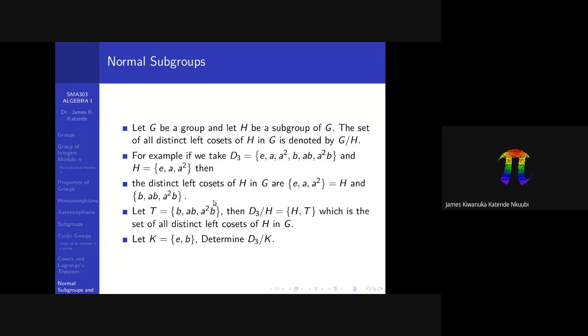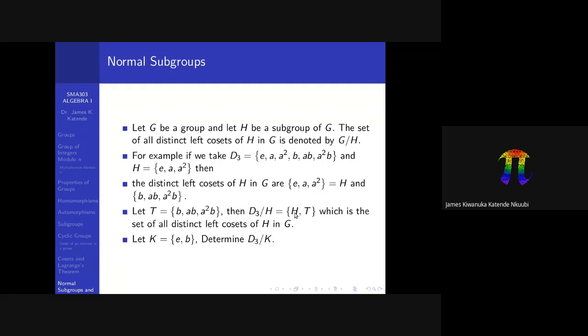So if you label this second coset as T, then the set of all distinct left cosets of H in D3 will simply be these two sets, H and T. Using this notation, we are now finding the set of all distinct left cosets of H in D3.